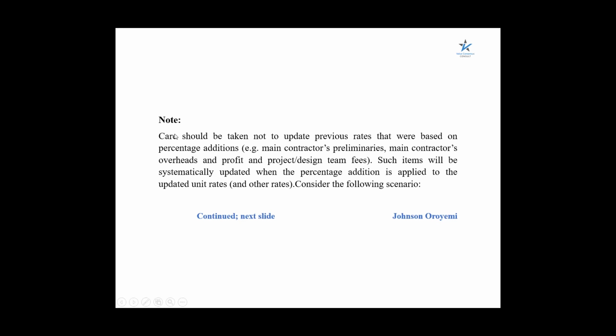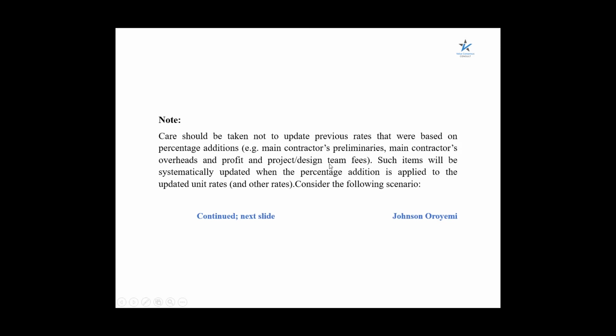Now, we have a note here as written in NRM that care should be taken not to update previous rates that were based on percentage addition. What that means is that before you can use a cost analysis of previous projects, we should make sure that the percentage addition for main contractor's preliminaries, main contractor's overhead and profit, and project design team fee is excluded before we use that kind of cost information.